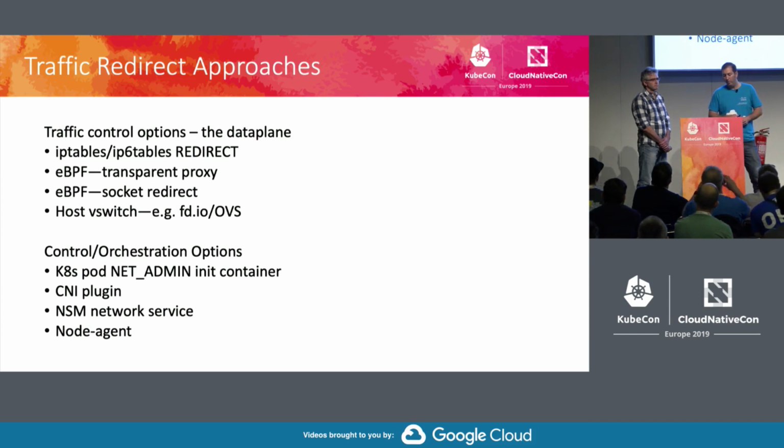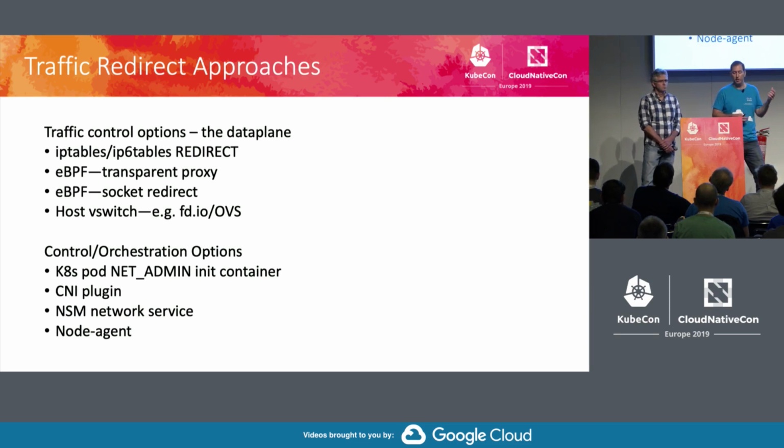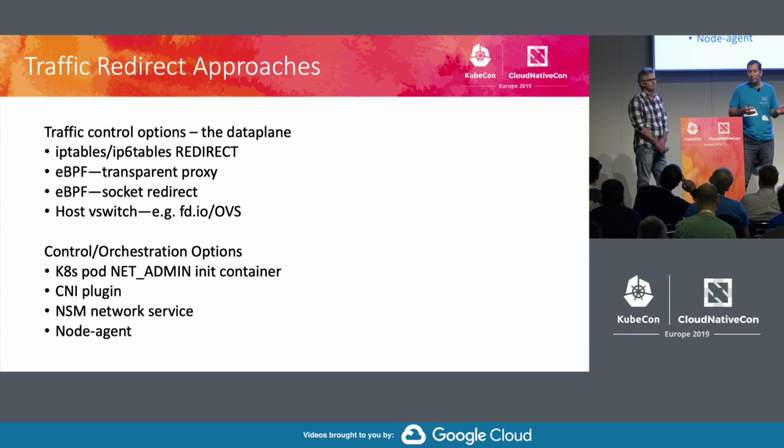The most common solution you'll see is iptables, and there's support for ip6tables added in some solutions, Istio being one. And then evolving is an eBPF solution. The Cilium project has a solution that works with TPROXY.